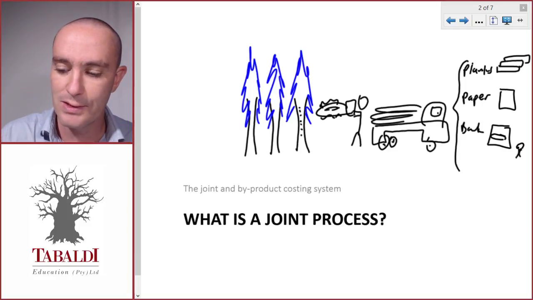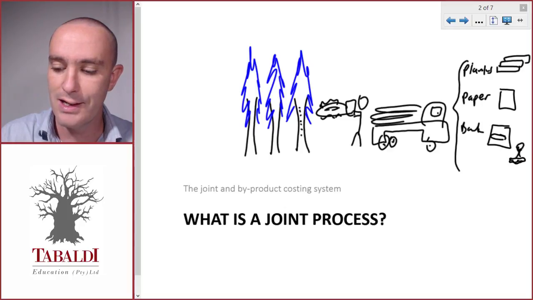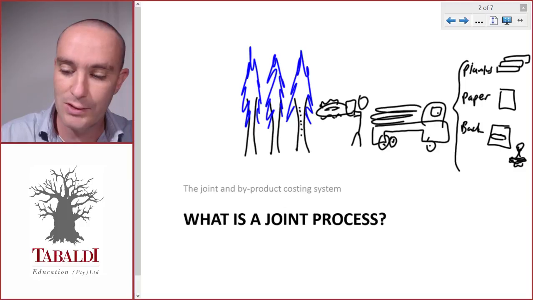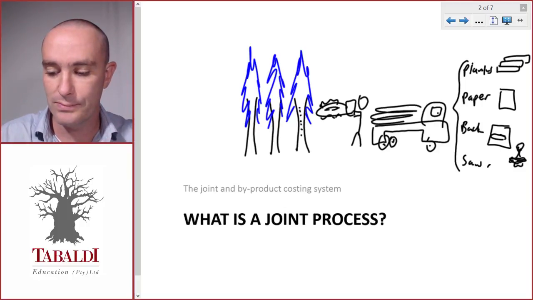So around the plants they throw the bark at the roots to prevent moisture from evaporating, so the bark could be sold. And then we have sawdust.